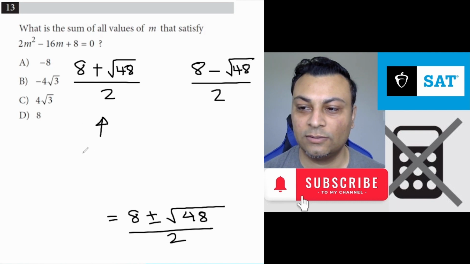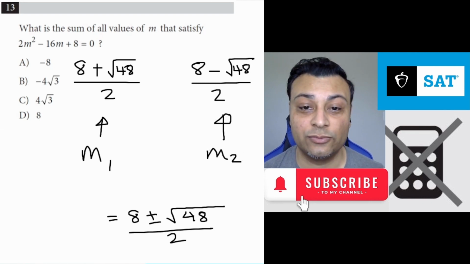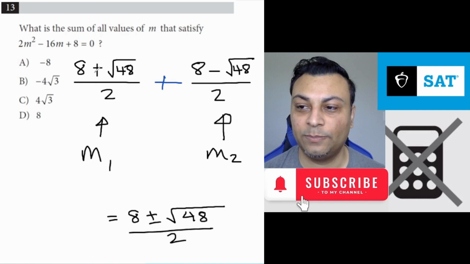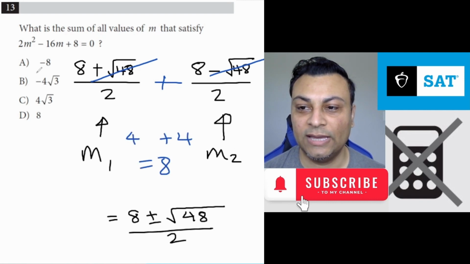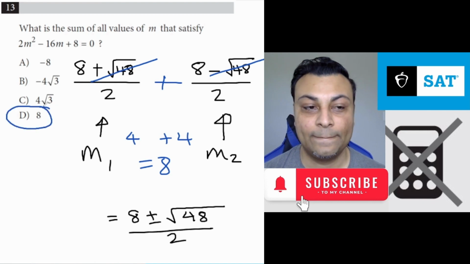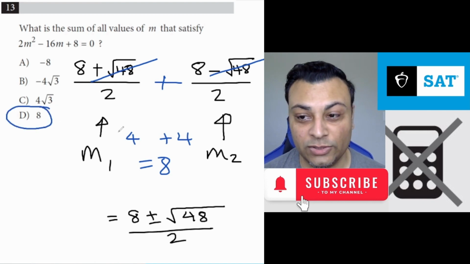This is the first root, and this is the second root. And we have to sum those roots up. And when you sum those roots up, what you find is that the plus root 48 and the minus root 48 will cancel out, and you simply have 8 over 2 plus 8 over 2. So you end up with 4 plus 4, and so the answer is 8. That's one way to do this problem.